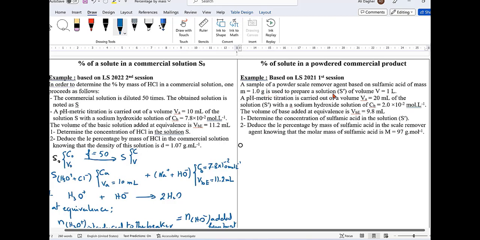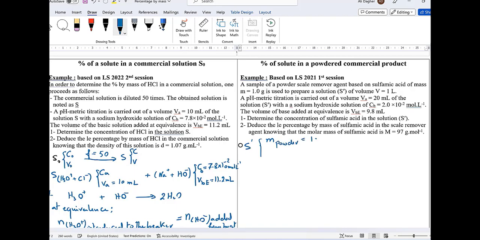It is used to prepare a solution S prime of volume V1 liter. Then we dissolve 1 gram of this powder, the commercial product, to prepare a volume equal 1 liter.